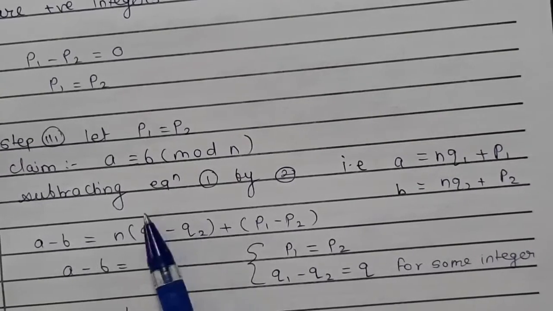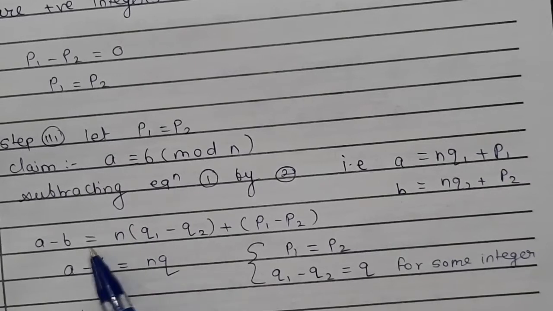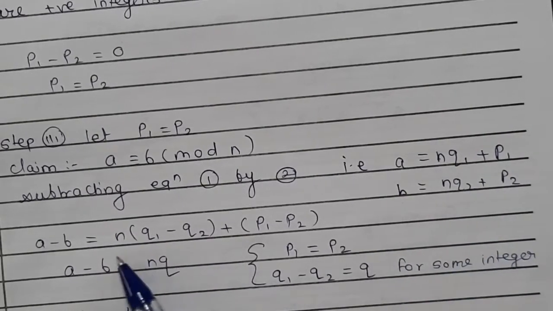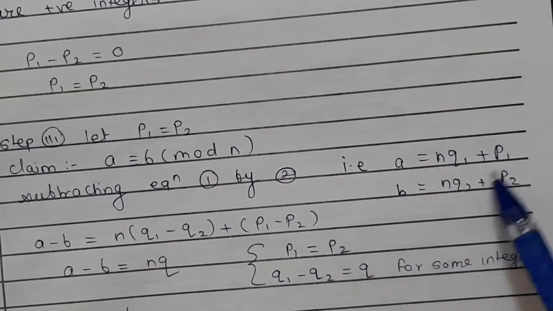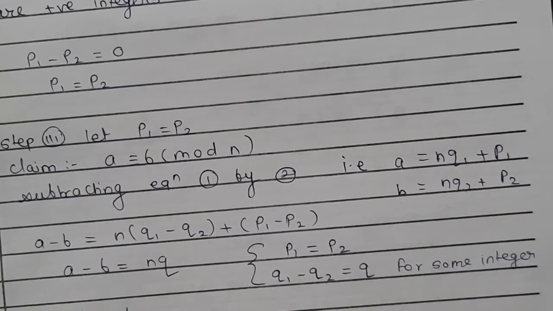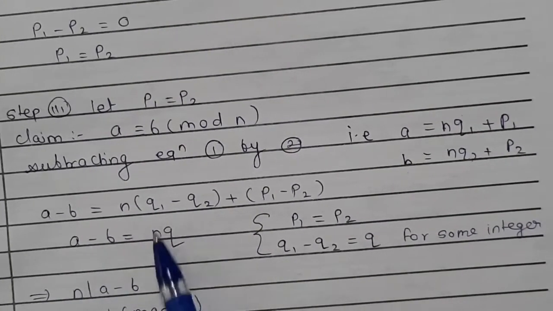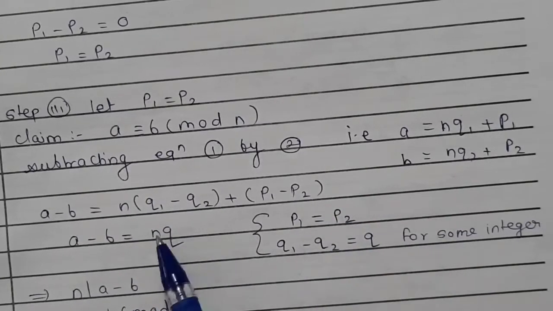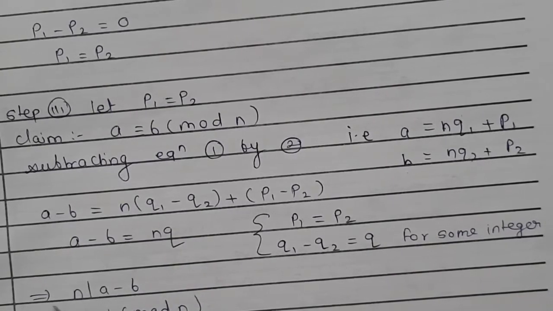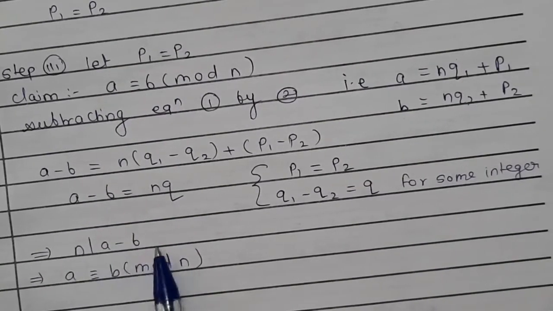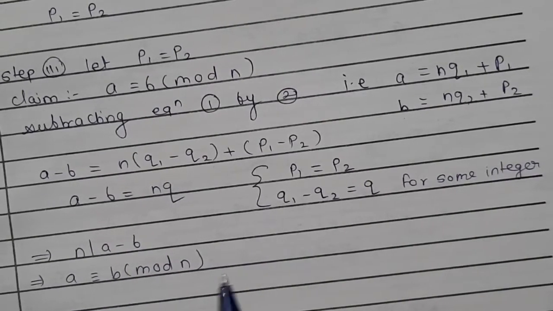So a minus b is equal to, taking n common, n(q1 minus q2) plus p1 minus p2. From that we consider the whole term as q, so we write a minus b is equal to nq, which implies n divides a minus b, which means a is congruent to b mod n. This is how we prove the theorem.